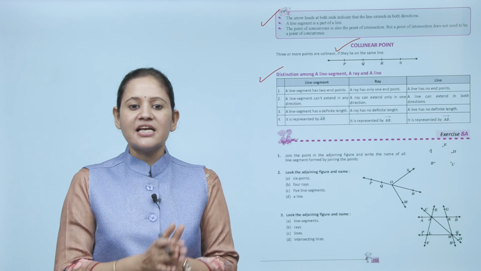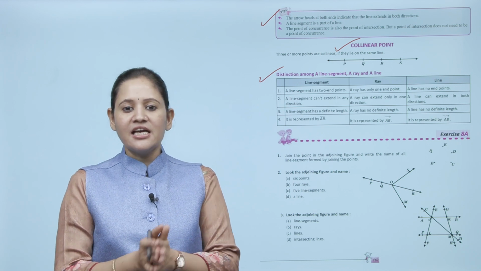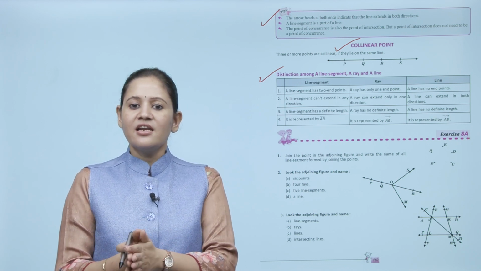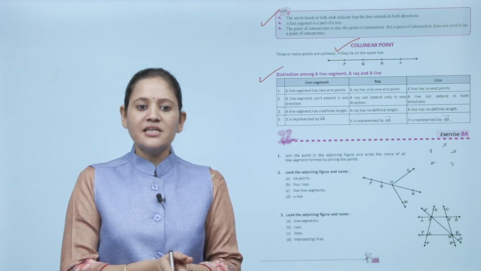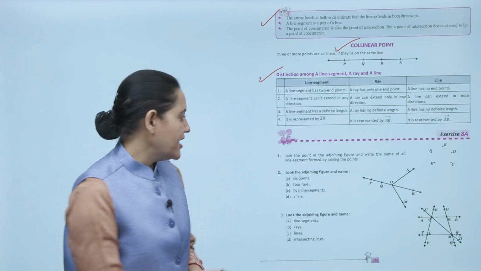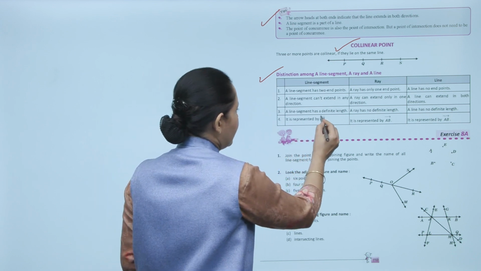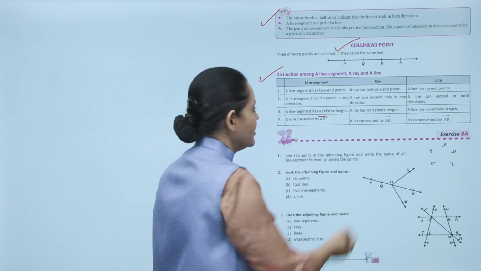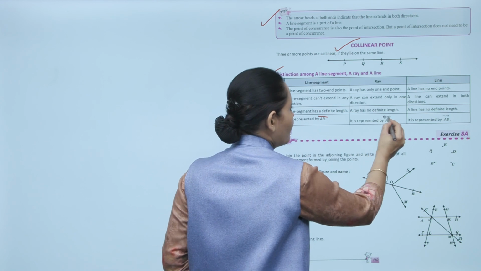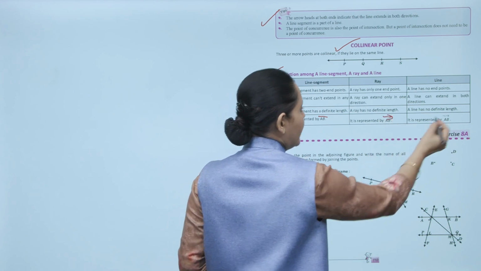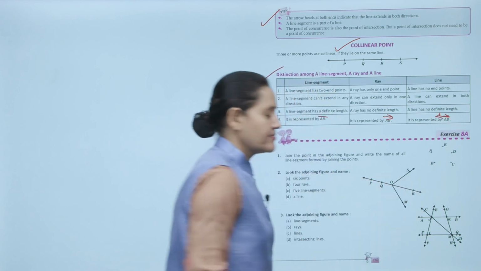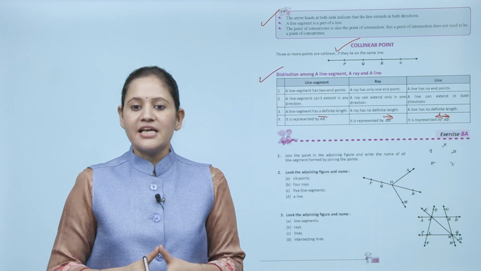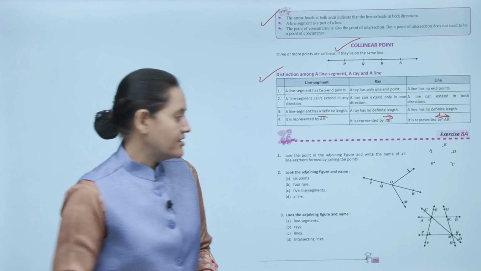A line segment has a definite length, a ray has no definite length and a line also has no definite length. A line segment is represented by AB like this, a ray with a one-sided arrow and a line with a double-sided arrow. Clear? Next, exercise 8A.